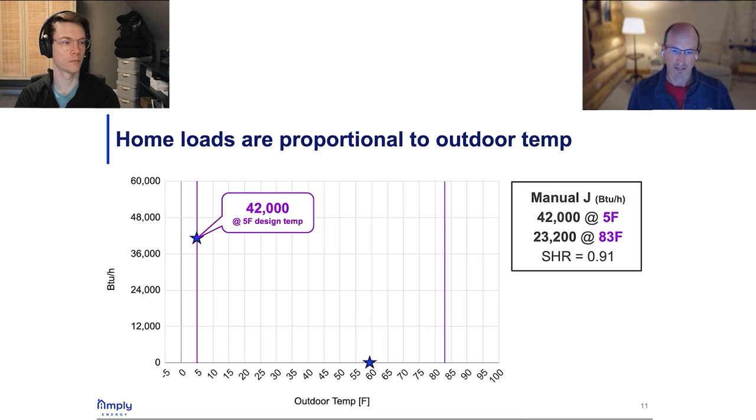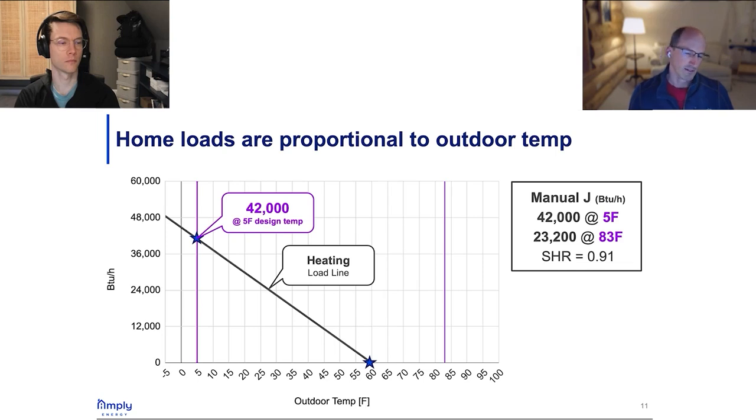And I can draw another point down around 60 degrees Fahrenheit where I'm assuming that I won't need any more heating capacity in the home, or that the loads have dropped completely because the temperatures are so low, rather. And I can draw a line. And between those 2 points, between 60 degrees Fahrenheit and 5-degree design temperature, we can now visualize how the loads on the home are varying as the outdoor temperature changes.